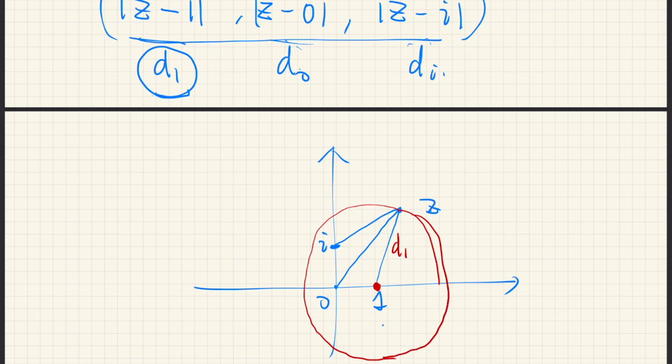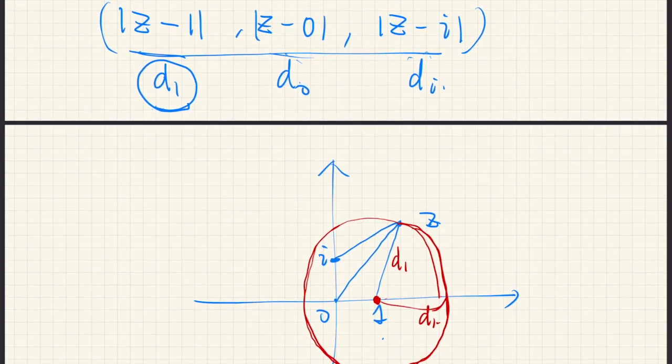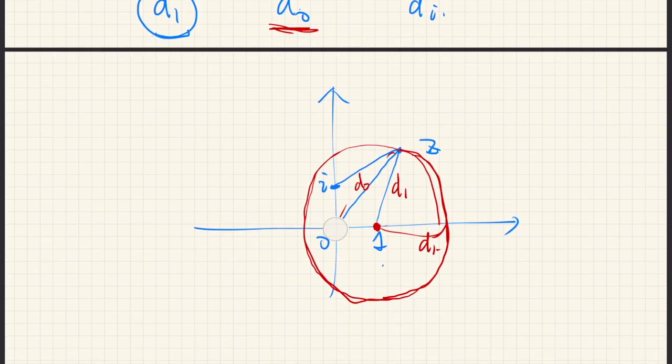All the points on this circle have the distance from 1 that is equal to d1. Now, the set of points that is separated from the origin by the distance d0 is defined by the circle centered at the origin with radius d0, right? So we have something like this.